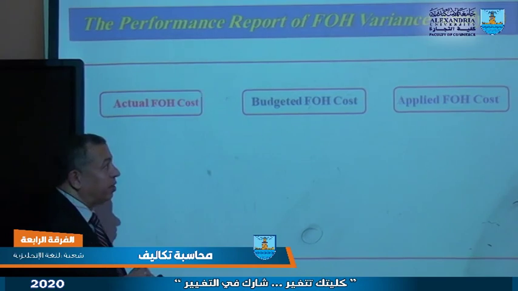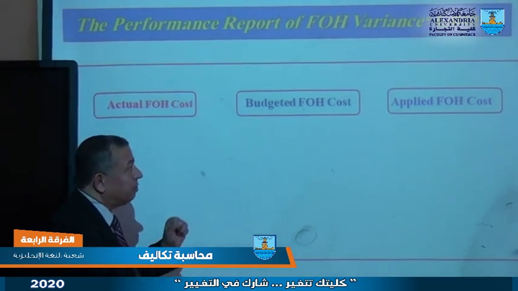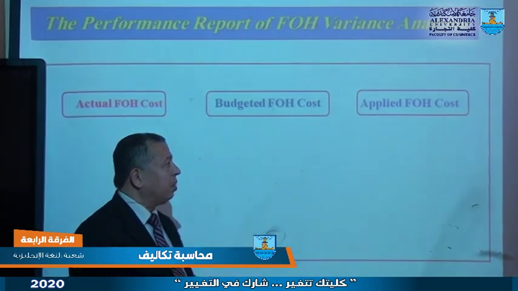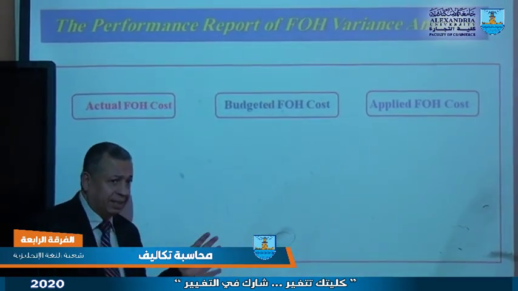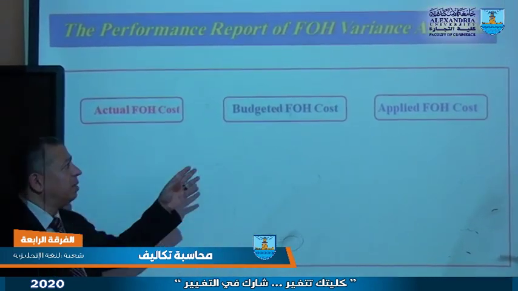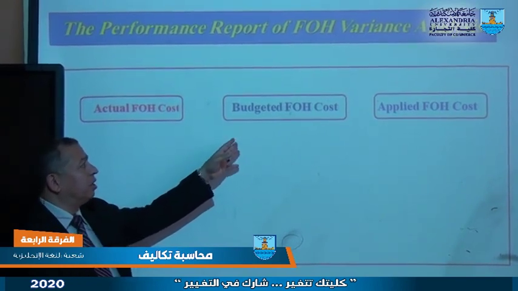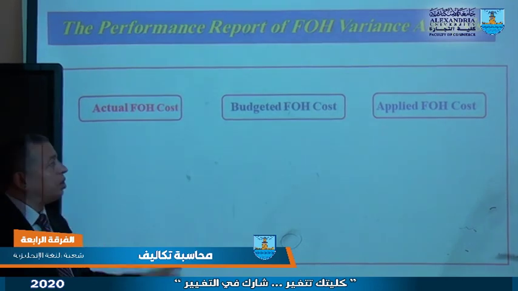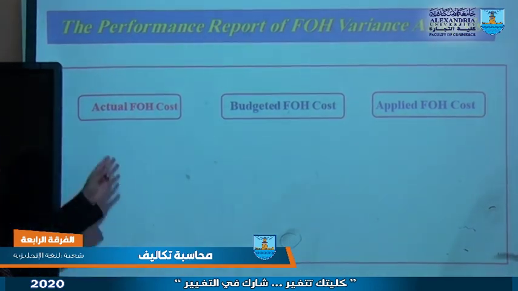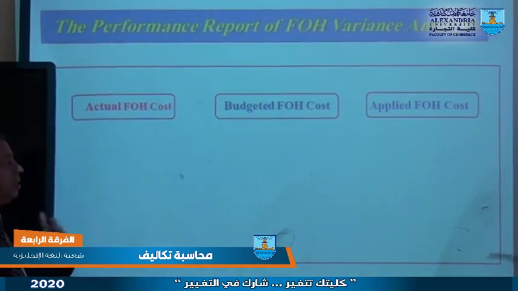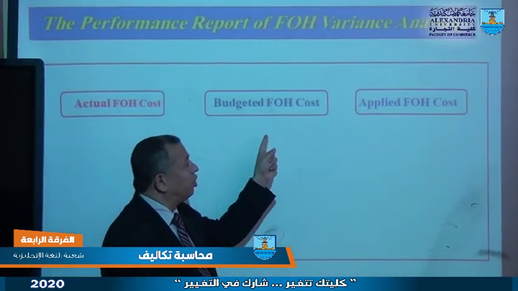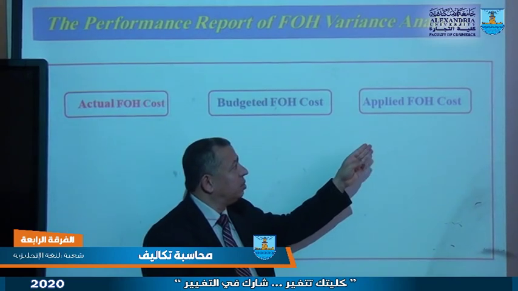The last one here, applied fixed overhead. And in the middle, I need to calculate budget fixed overhead. Actual, I know the actual. What is the difference between budget, fixed overhead, and applied overhead?